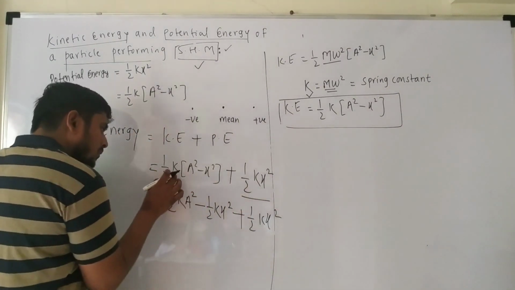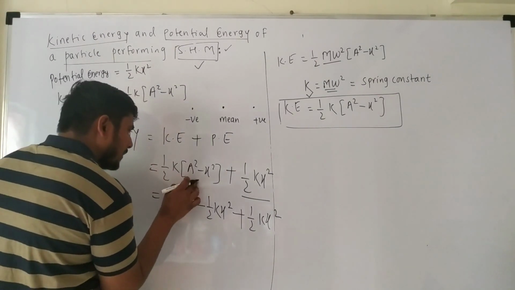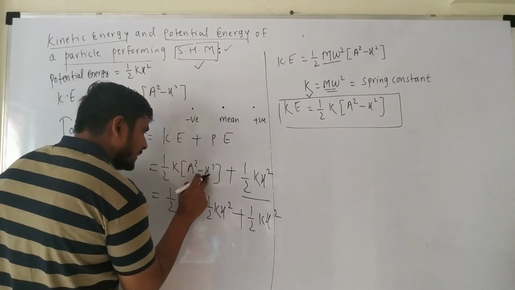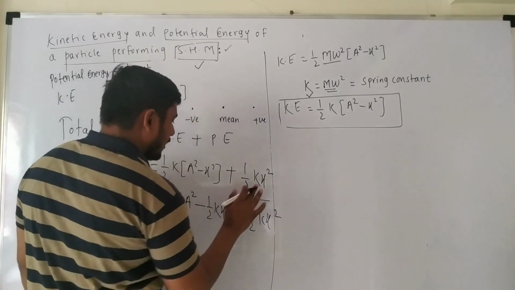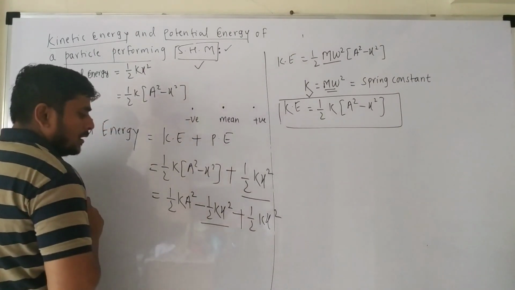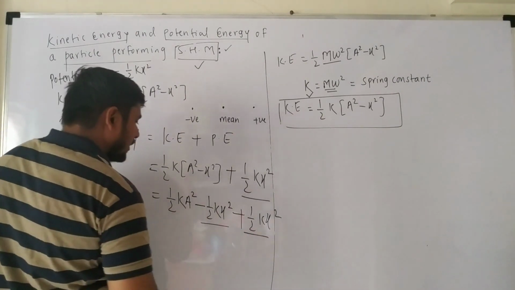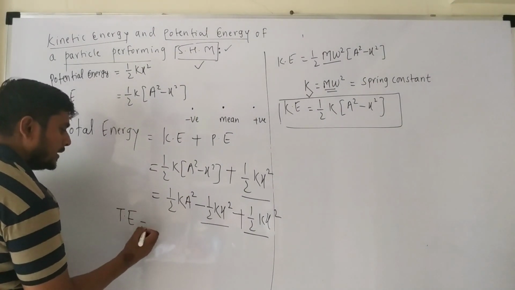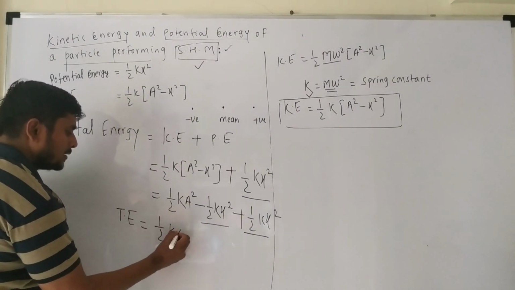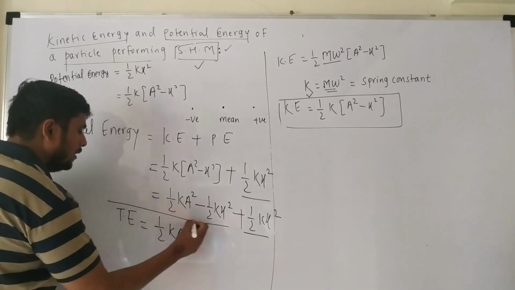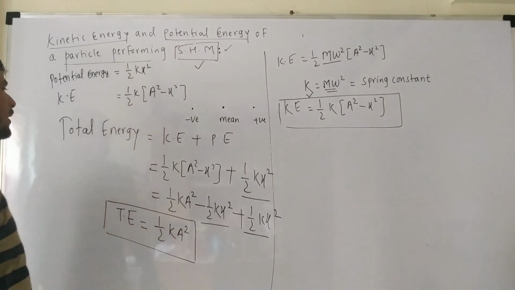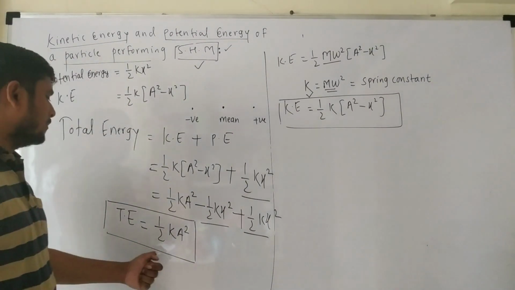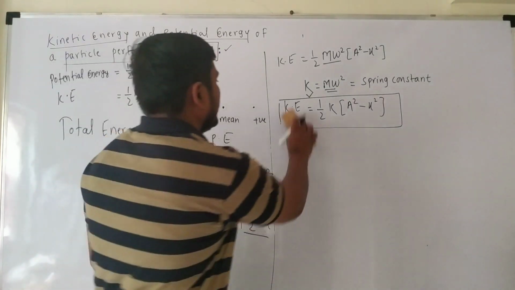So I just multiplied 1 by 2k inside the bracket. So 1 by 2k a square, minus 1 by 2k x square plus 1 by 2k x square, that will cancel. So what will remain there? Total energy will be equal to 1 by 2k a square. So we got the formula for the total energy of a particle performing simple harmonic motion, right?